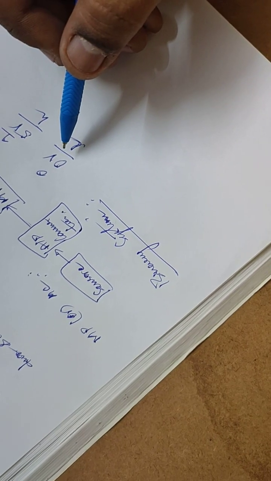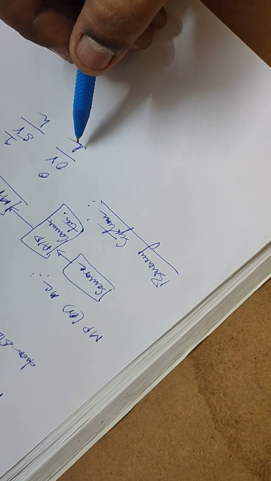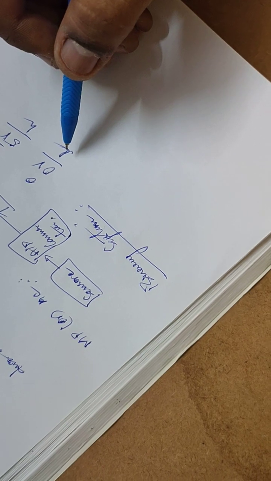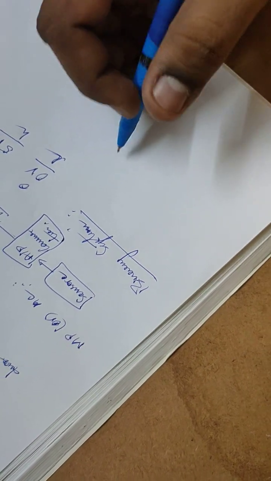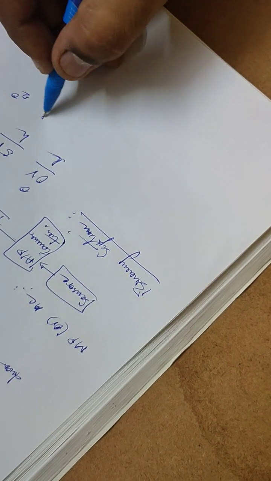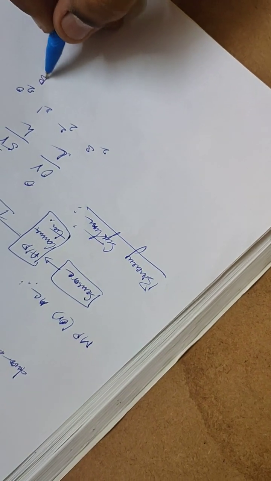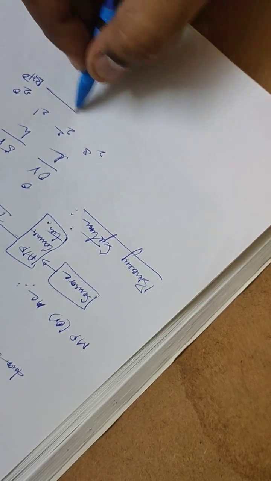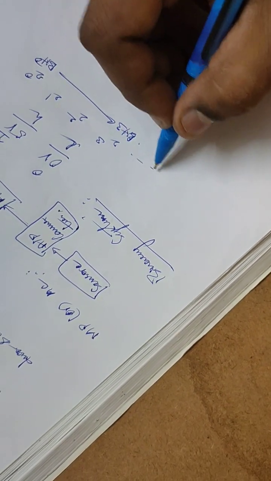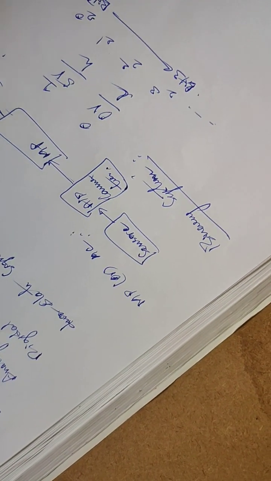The position of a digit in a number indicates the weight attached to it. The weight increases by a factor of 2 as we proceed: 2 to the 0, 2 to the 1, 2 to the 2, 2 to the 3. This is for bit 0, whereas this is for bit 3. So proceeding from right to left, the weight increases by a factor of 2.